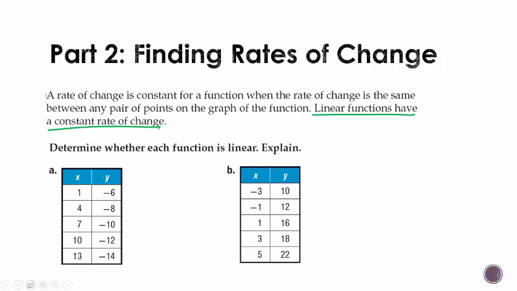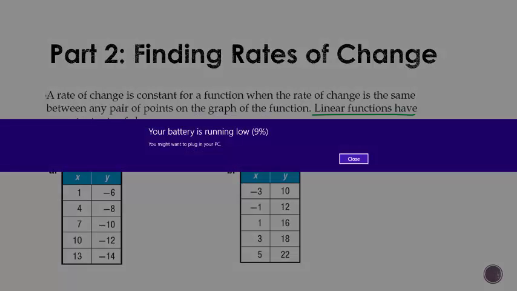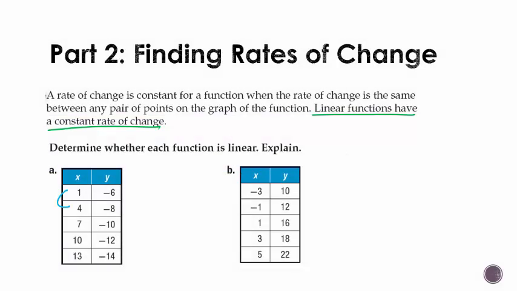What you're looking for is for your x values to be going up by the same amount, and also your y values to be going up by the same amount. So here, my x values all go up by 3, which is awesome. And my y values, to go from -6 to -8, I have to subtract 2. And if you look, for every single one of these, I'm subtracting the same thing. So that means this function is linear, and it's because you have the same rate of change.